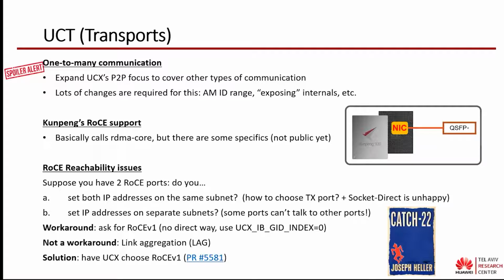On that, I have to comment. This is a bit off topic, but the main reason UCG still uses both UCP and UCT is that it uses UCP for connection establishment, because it's just far too complicated.